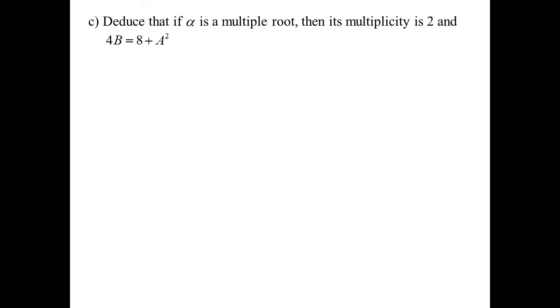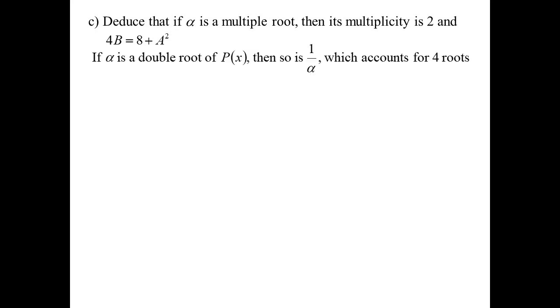Same question, but now we're going to deduce that if alpha is a multiple root, then it has to be a double root, and 4b is equal to 8 plus a squared. If alpha is a double root, I just said anytime you've got one root, you know the reciprocal's there as well. So if alpha is there twice, 1 on alpha must be there twice as well.